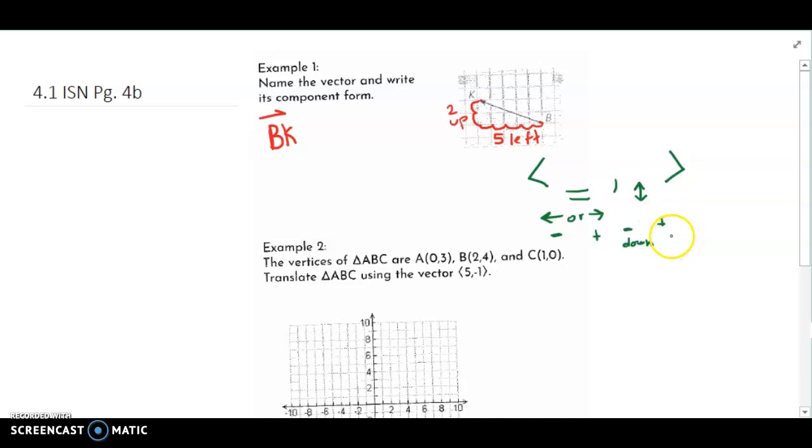If it's a positive number, it's going up. So when I'm going left 5, left and right goes here, and I'm going left, so it's negative, so -5. And then I'm going up 2, so up is positive, so this would just be 2. So the component form would just be <-5, 2>. And don't forget to put these pointy parentheses with it.